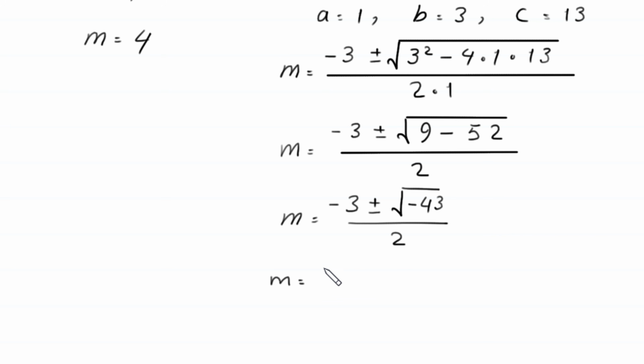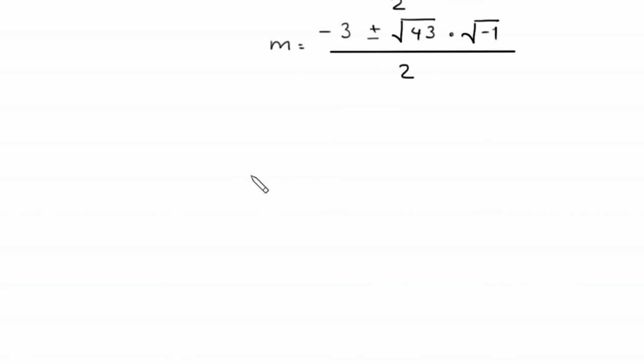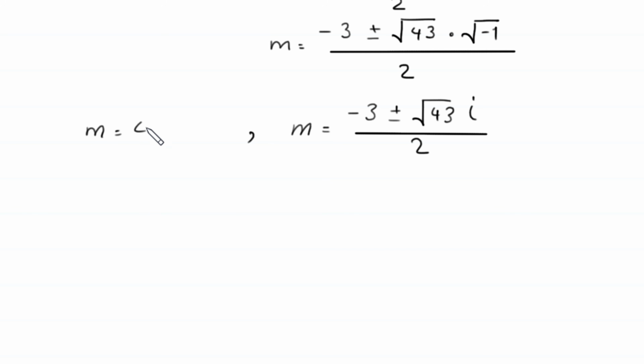The square root of negative 43 can be written as square root of 43 times square root of negative 1, and the square root of negative 1 becomes i. So m = (-3 ± i sqrt(43))/2. And first we found the value m = 4.